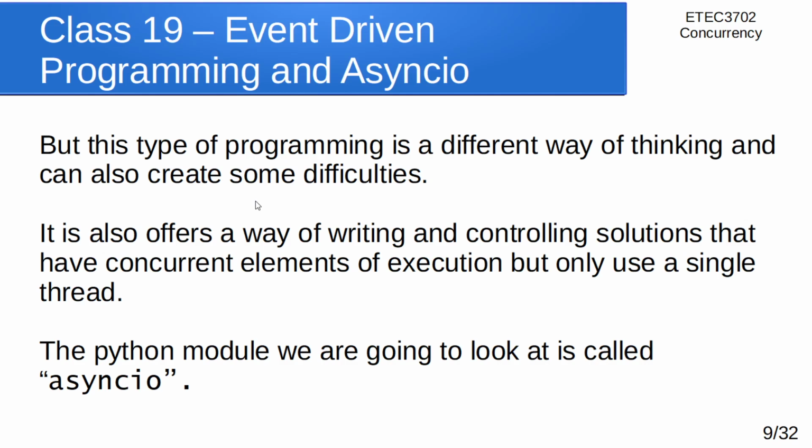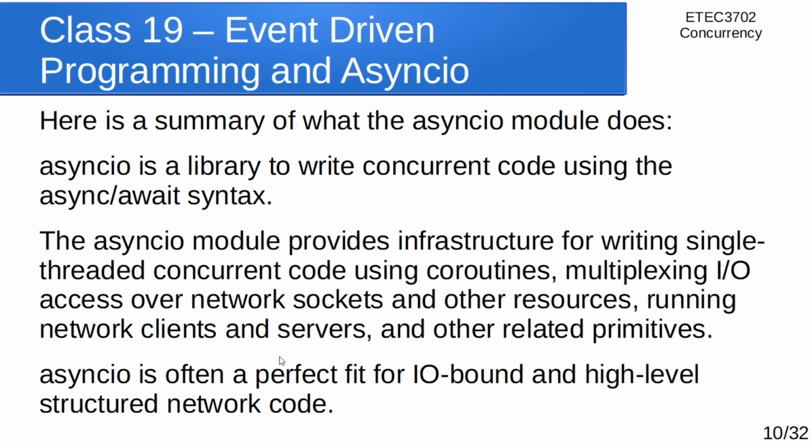Now, one of the things that I want to talk about today is this Python module called asyncio, and that stands for asynchronous input-output. What the asyncio module does for us is it's a library to write concurrent code using this special syntax called async and await.